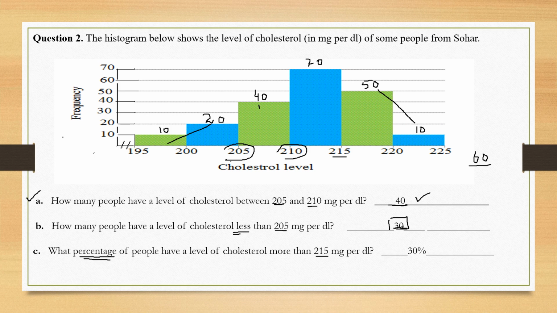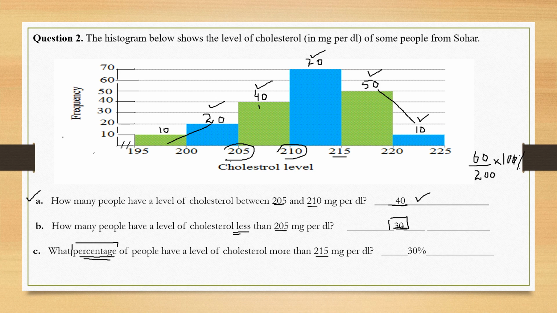So we count how many total people we have: 10 plus 20 is 30, plus 40 is 70, plus 70 is 140, plus 50 is 190, plus 10, so in total we have 200 people. Then multiply by 100%, because we need to find out the percentage.